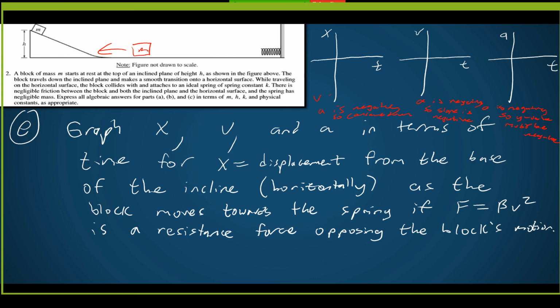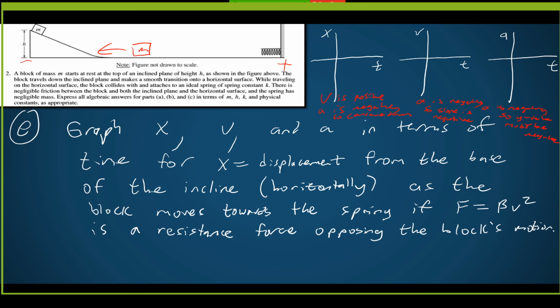If velocity is decreasing, I need to look for the y value of our velocity. My velocity is positive because our block is still moving towards the right, which is what I said as my positive axis last time. So if v is positive, I'm not looking for change in v, which is a, which is negative, but I'm looking for the actual value of v now, which is positive, and I know that because the direction of the block's motion has to be positive if we're going to move towards the spring.